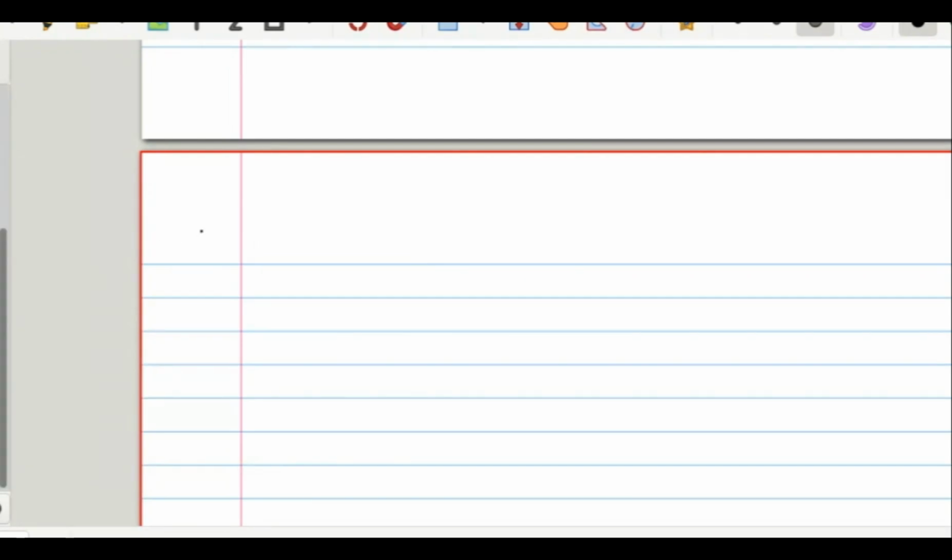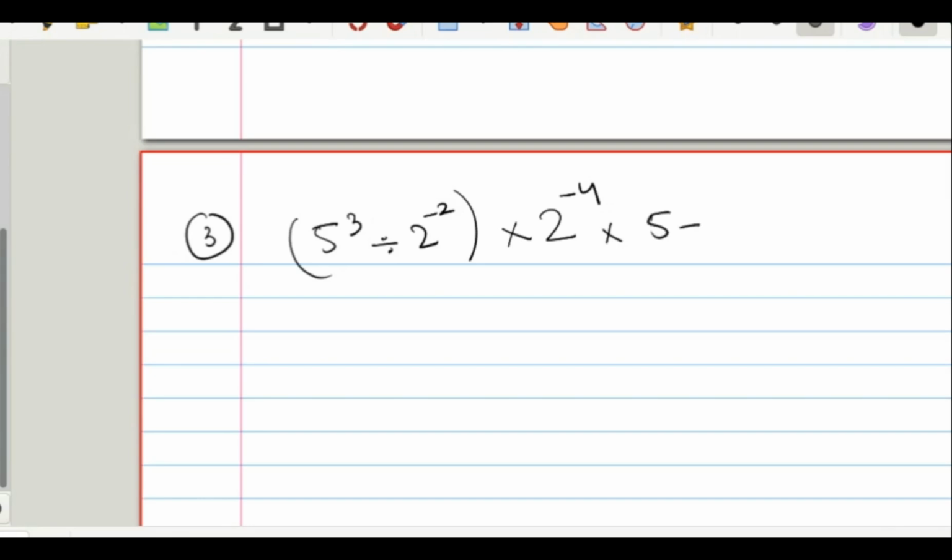Dear students, this is number three: 5 power 3 divided by 2 power minus 2, multiplied by 2 minus 4, multiplied by 5 minus 6, divided by 9 multiplied by 8 to the power of 4. Simplify this question.